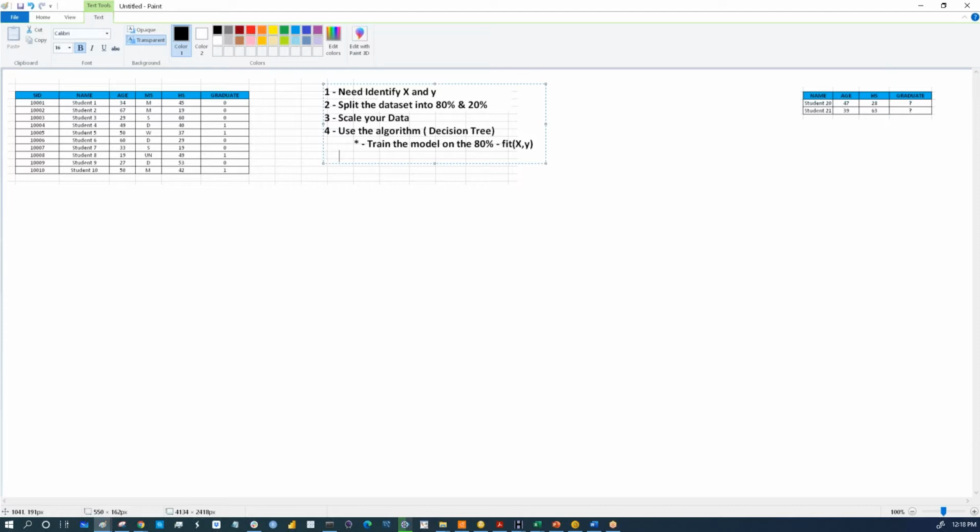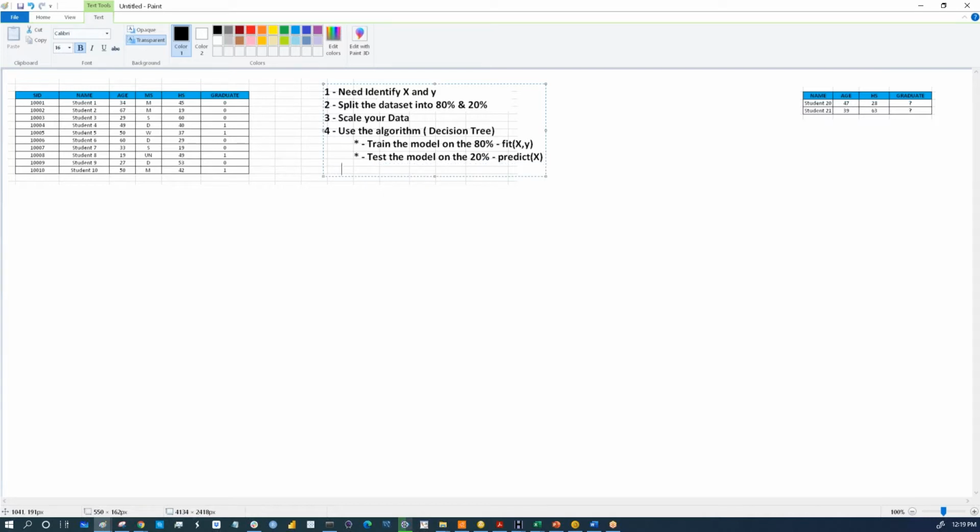And after we fit the model, meaning train the model, the second step in the process is we need to test the model on the 20% using a method called predict. And when we predict, again, as a method, as a function, it requires some parameters. We need to pass only x.